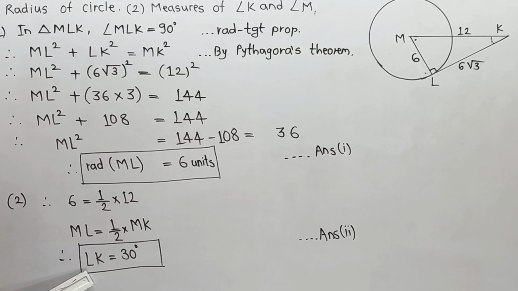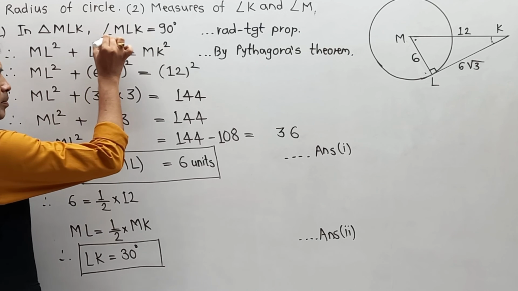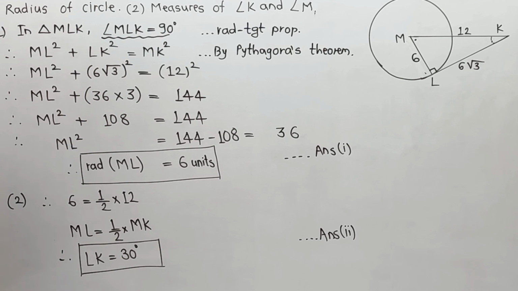Now the next part. As angle K is 30 degree and we have already declared MLK is 90 degree, our third and remaining angle must be 60 degree. But again we have to write it in terms of a calculation.